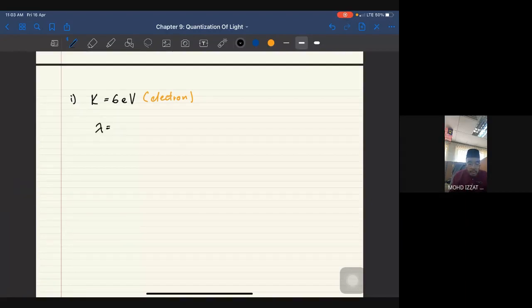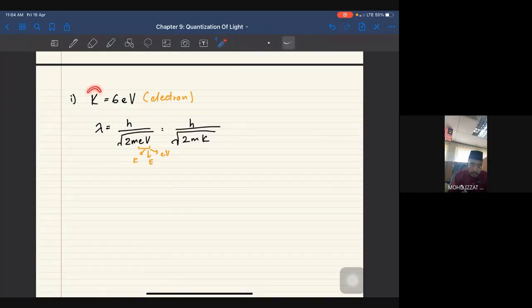One is lambda equals to h over p, another one is lambda equals to h over square root of 2 m eV. So student nampak eV tu biasanya nak pakai formula ni lah. But actually if you want to substitute the K, the formula now becomes 2 m K. So eV ni you can write as K or E or eV. So tiga-tiga ni boleh.